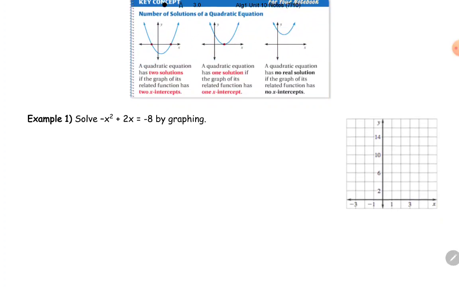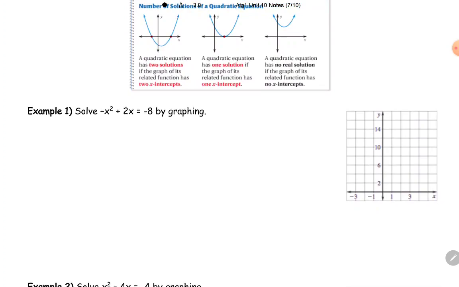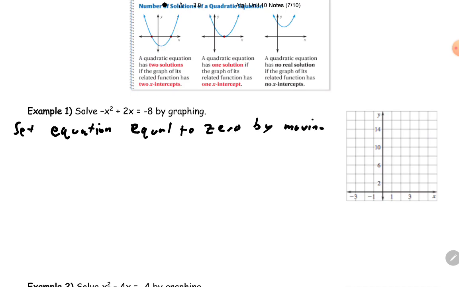So let's take a look at some examples here. Solve negative x squared plus 2x minus 8 by graphing. Okay, so what you want to do is set the equation equal to 0 by moving everything to one side.